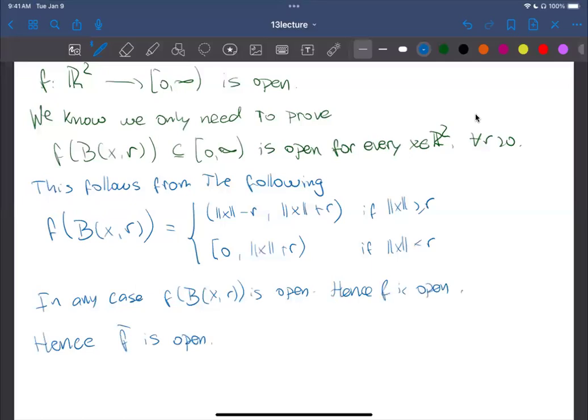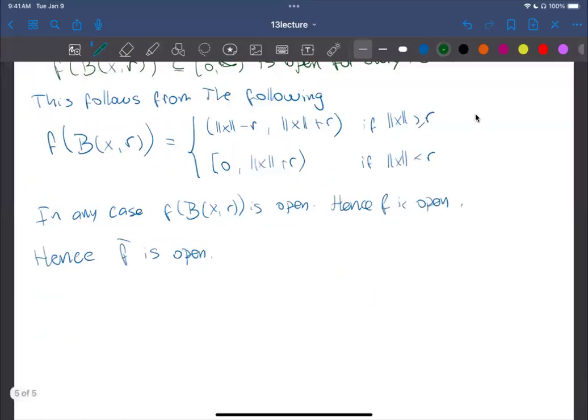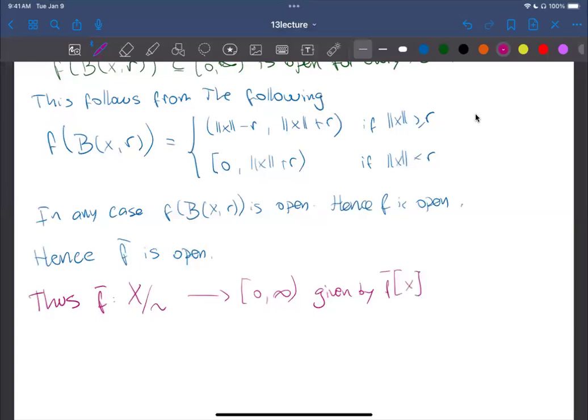And now, using all these things, we have a function f bar going from the quotient to the semi-infinite interval, which is given by f bar of the class of x equals the norm of x, is a homeomorphism.